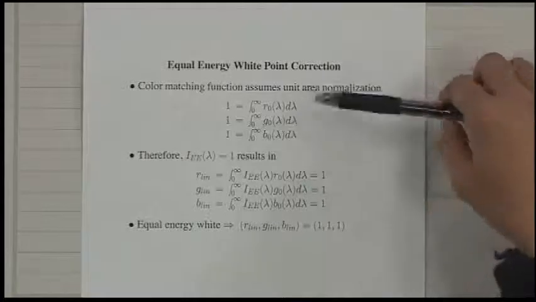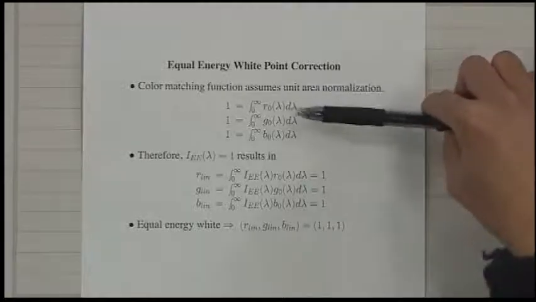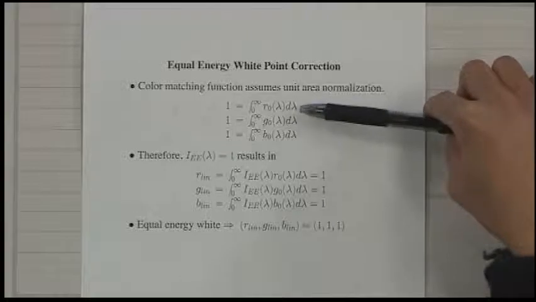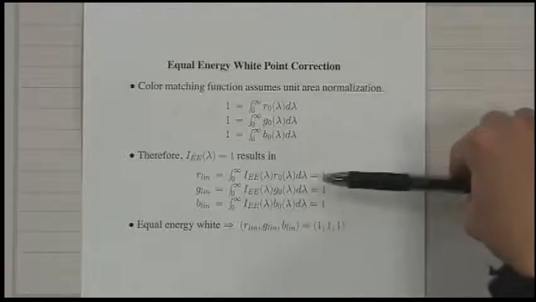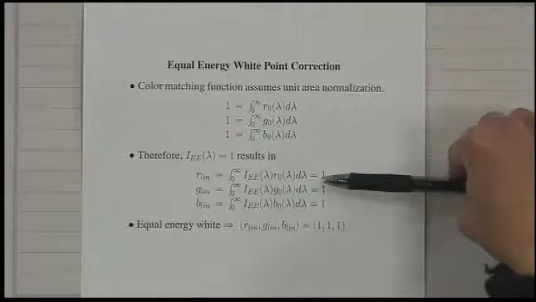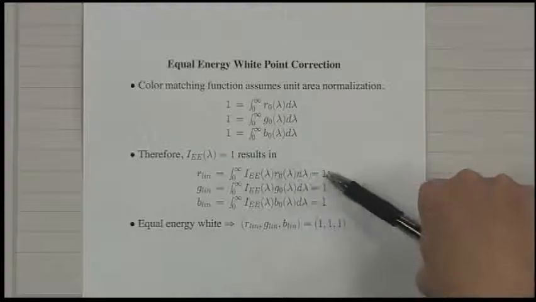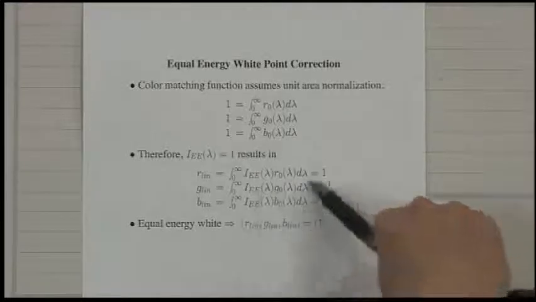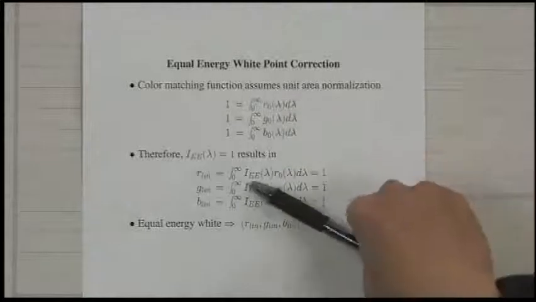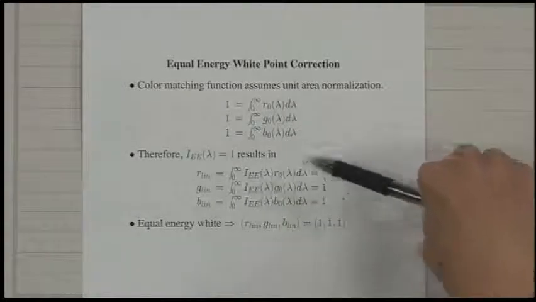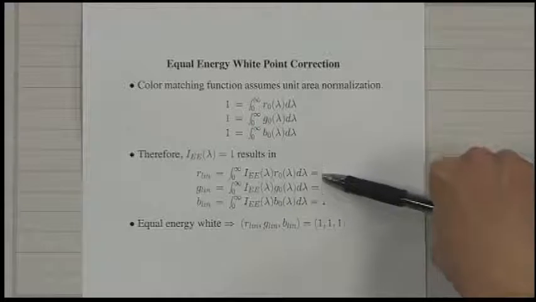So if you use the equal-energy white power spectrum, we can compute the tristimulus values according to this color matching function, and this integral will equal that integral because I is equal to 1. So whatever they are, what you get will eventually be 1, 1, 1.